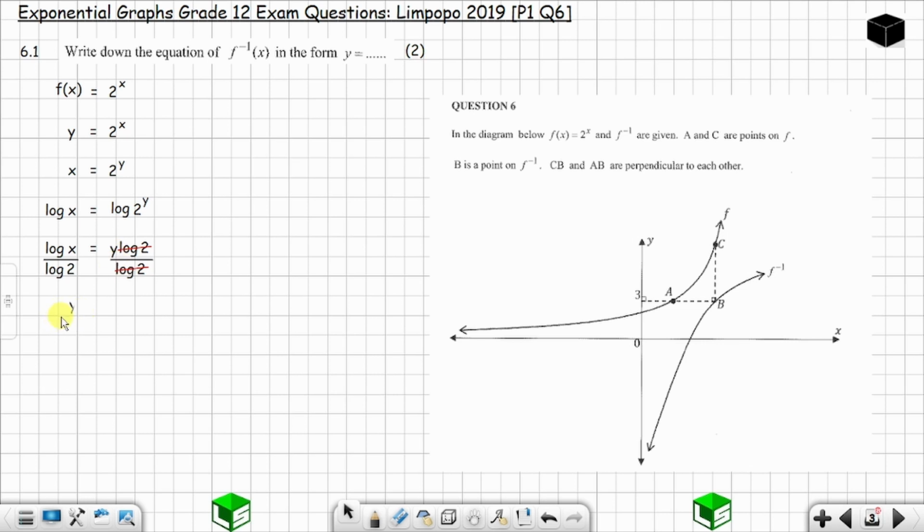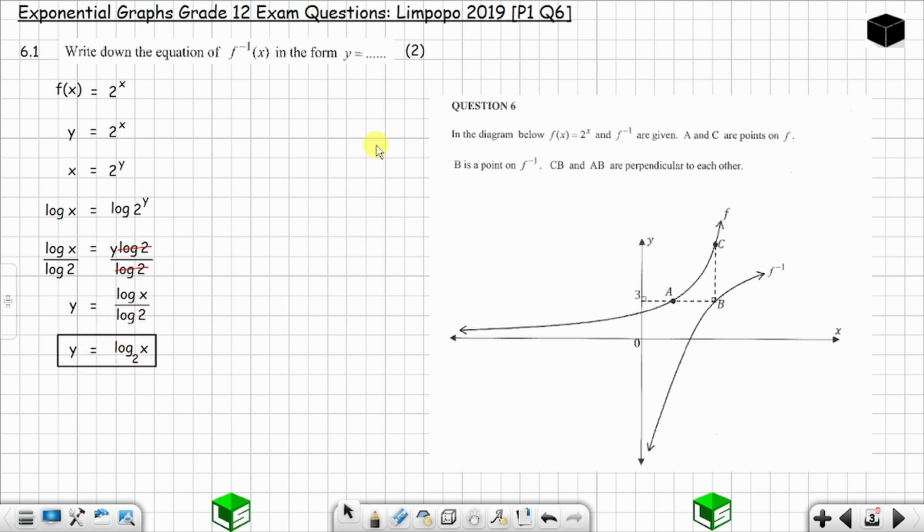So y is equal to log of x to base 2. This is how you can write the inverse of f in the form y is equal to. This is the final answer.